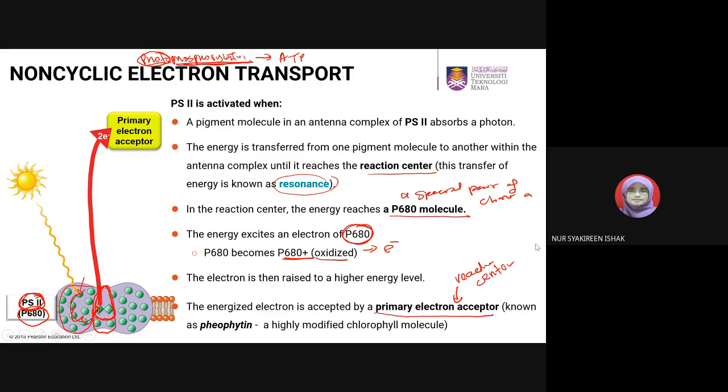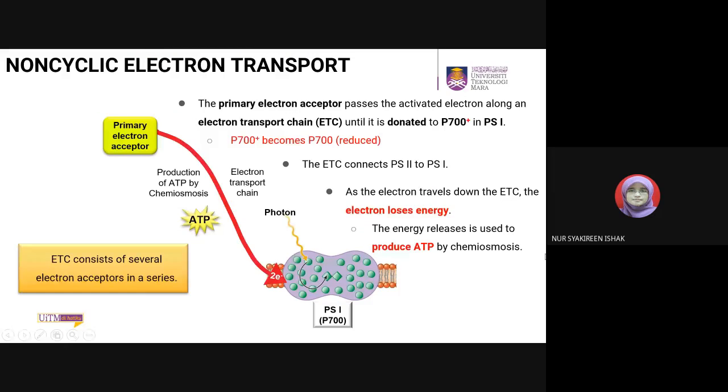Okay, so the primary electron acceptor then passes the activated electron along the electron transport chain until it is donated to P700 plus in photosystem 1, and when it receives the electron, it will be reduced, so dia akan jadi P700.